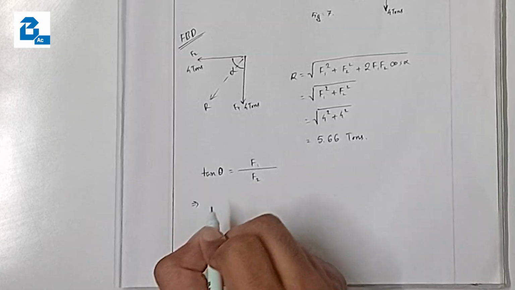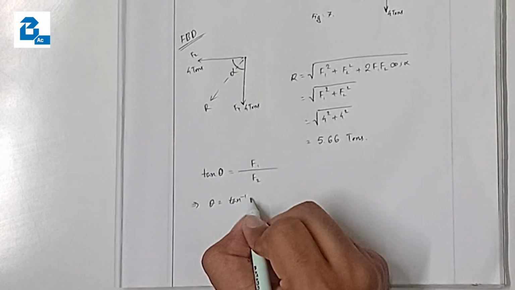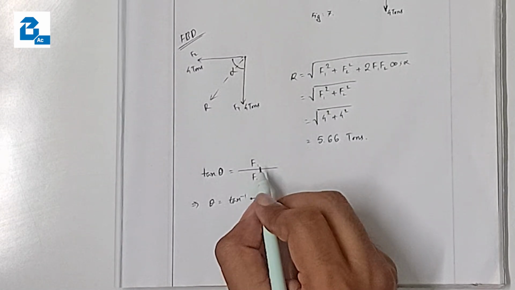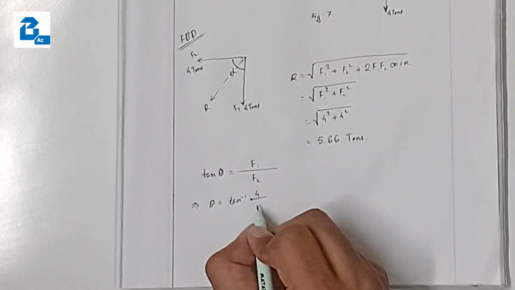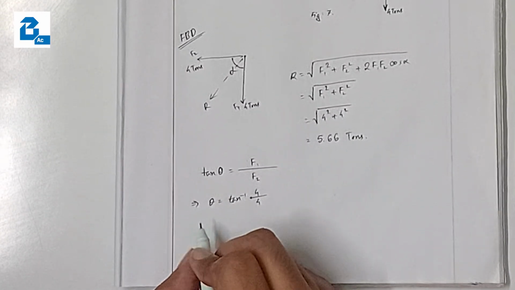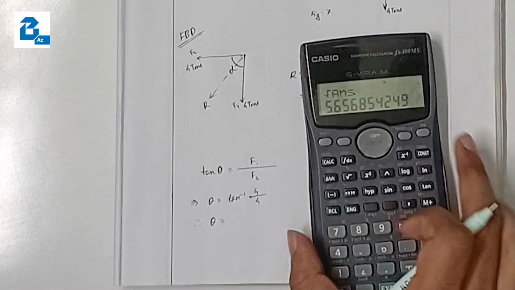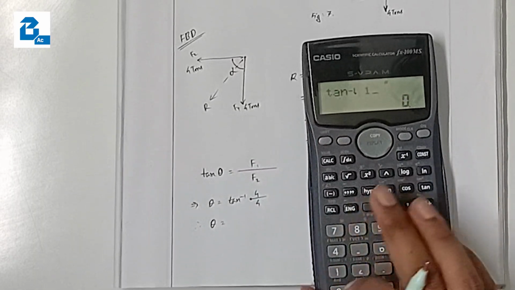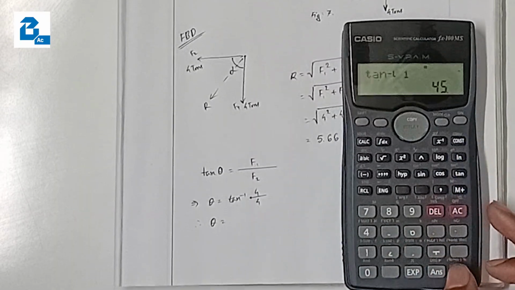Then we can write theta equals tan inverse, and then we can put the values in. So F1 equals 4 and F2 equals 4. Then we get theta equals tan inverse 1, because 4 divided by 4 equals 1. So we get 45 degree.